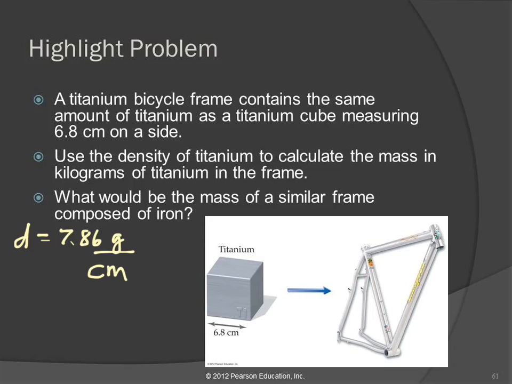I got that from the table of densities, which is in a previous slide. It's also in your textbook. So sometimes you have to go look up a constant somewhere else. We previously figured out that the volume was 314.432 cubic centimeters.